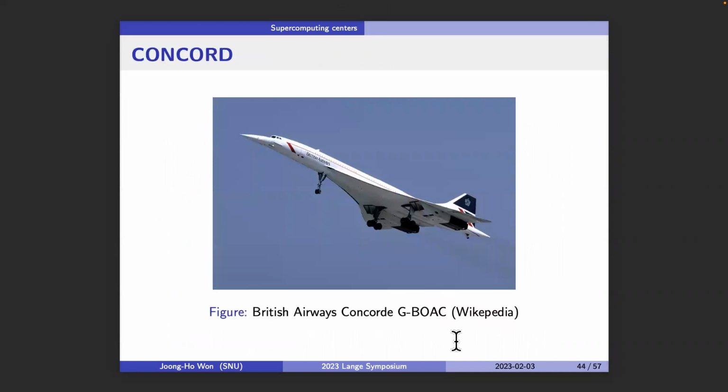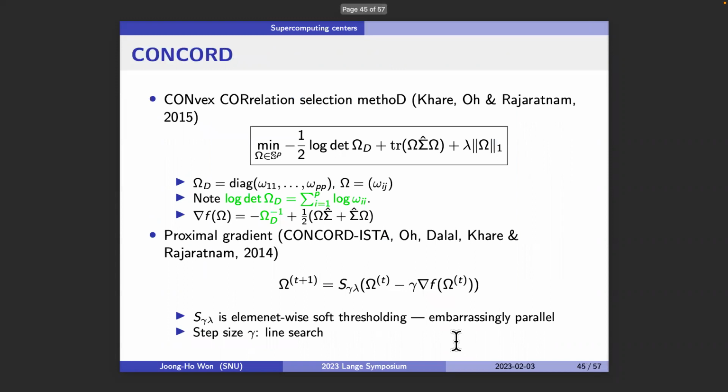And so here comes CONCORD, which is named after a famous supersonic commercial jet. CONCORD is actually a very weird acronym for convex correlation selection method, to meet the naming requirement, proposed by a colleague of mine. And this is based on a pseudo likelihood of the multivariate Gaussian, and the objective function looks like this.